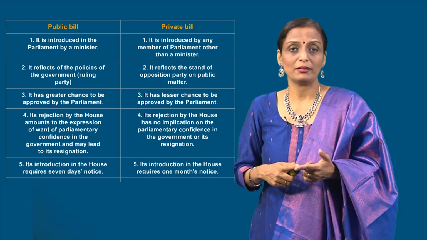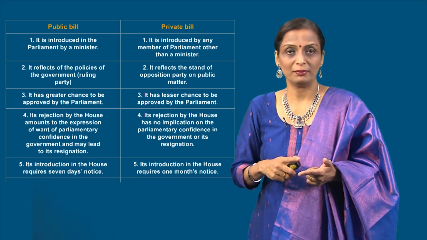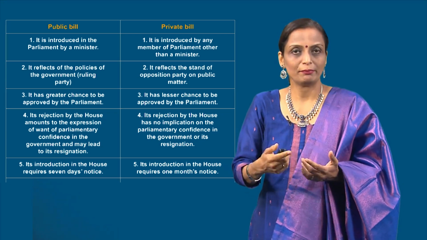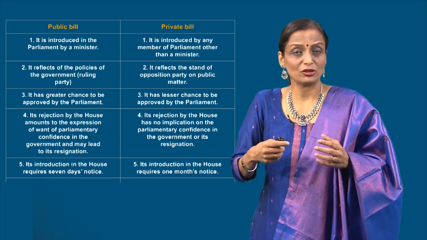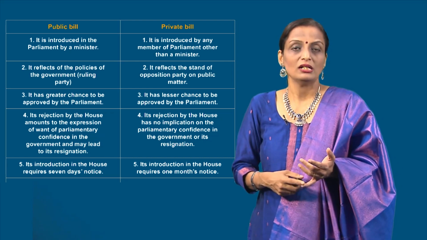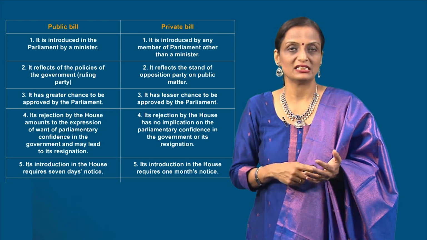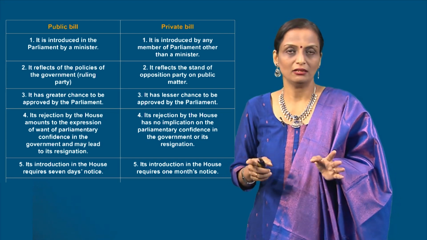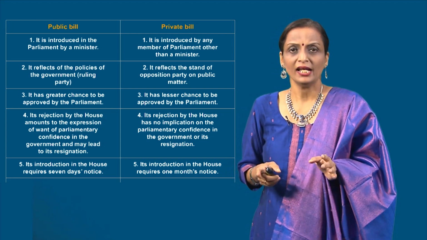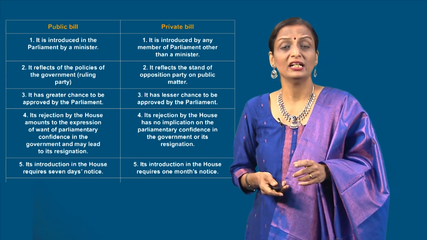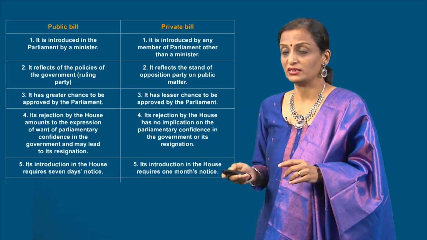But it becomes a public bill when the government plans to subject itself to a public bill so that it can be presented and passed to be acted upon because of the need of the hour. But it can be subjected to a no confidence motion if the bill is rejected by the majority in the parliament. And finally, it needs 7 days of notice, whereas a private bill requires 1 month of notice.